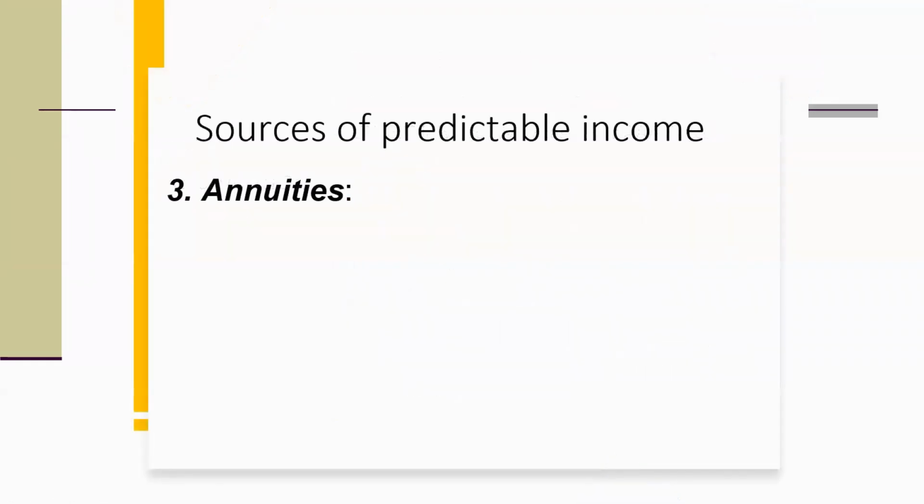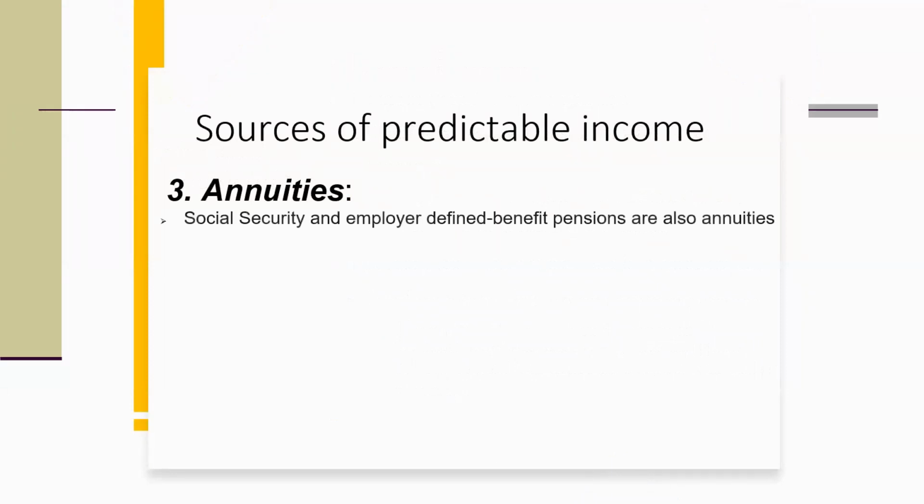All right, let's switch to annuities. Annuities are simply contracts that are issued by insurance companies, and they basically enable you to generate a level of income over time. The reason that people buy annuities is just the opposite of the reason that people buy life insurance.